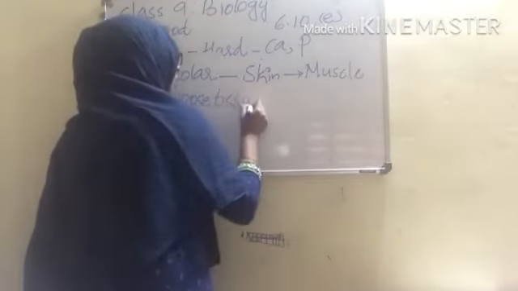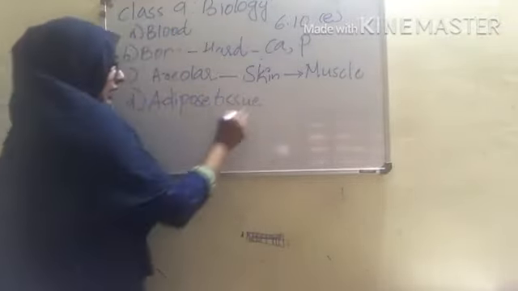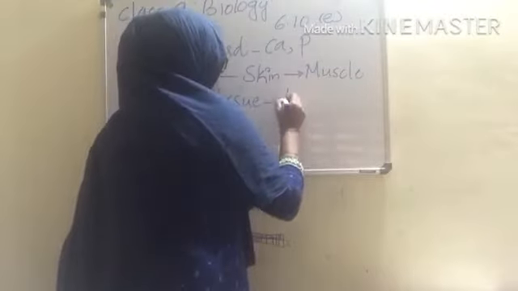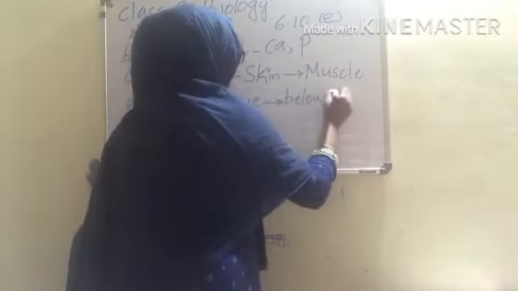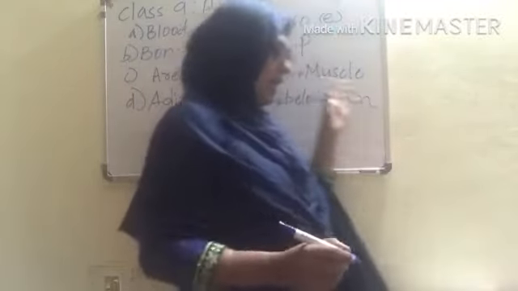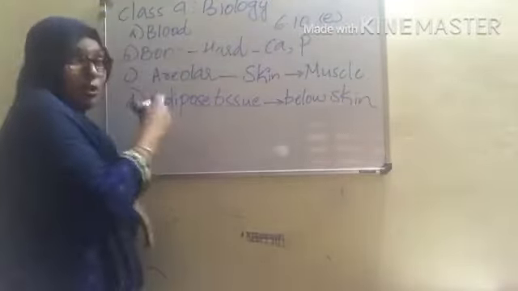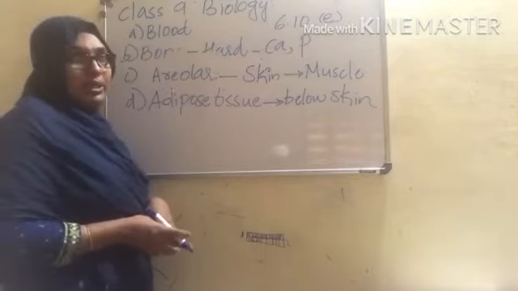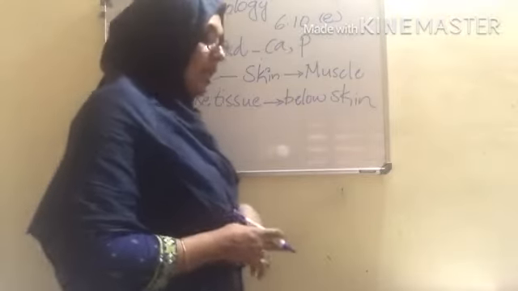They are meant for the storage of fat and they are seen below the skin. Clear? Typically they are seen below the skin and also between the internal organs. Adipose tissues can be seen there.